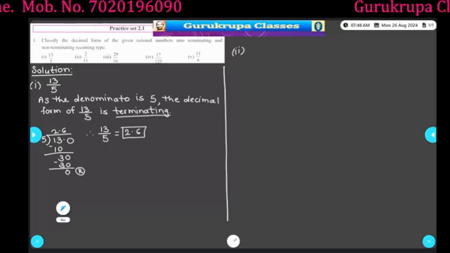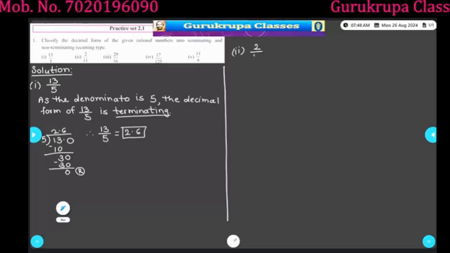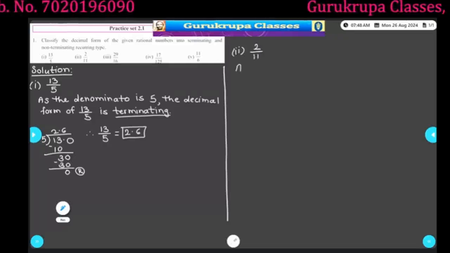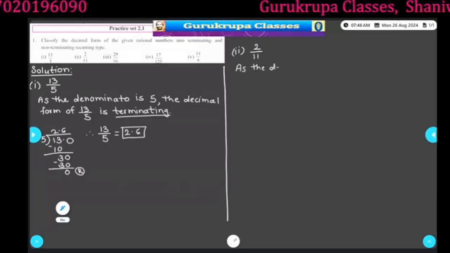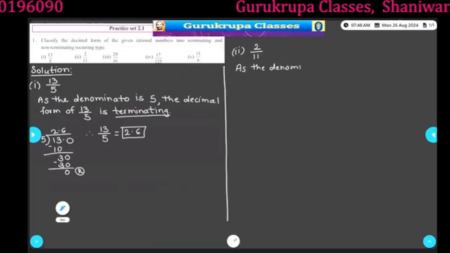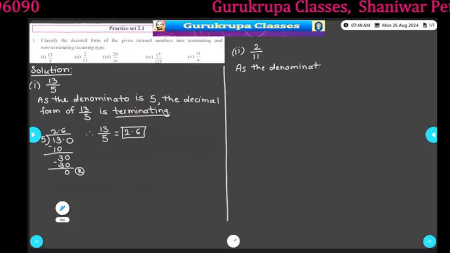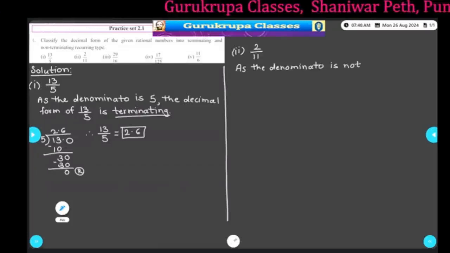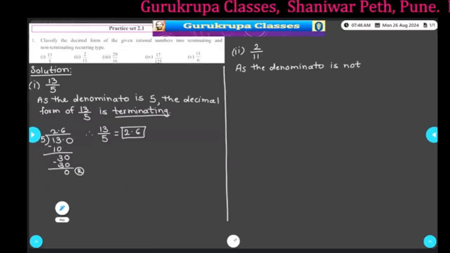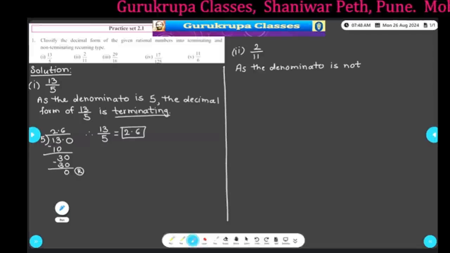11, 2 upon 11. So we have to take the reason also as the denominator is not, or the factors of the denominator, we can say the factors of denominator.